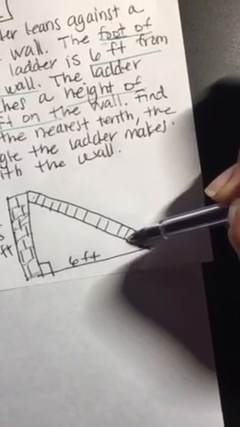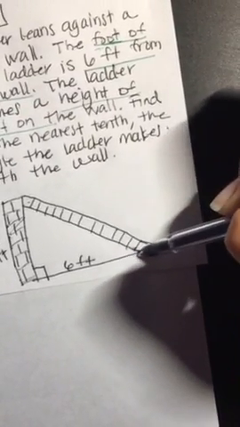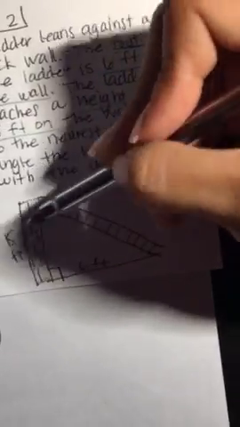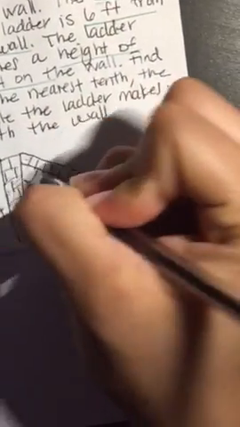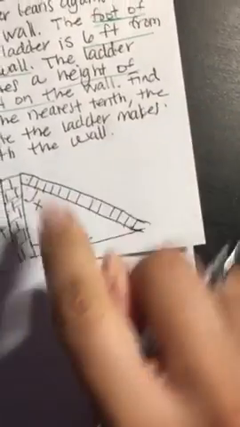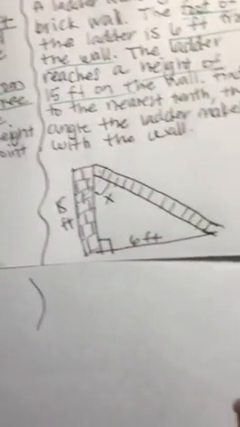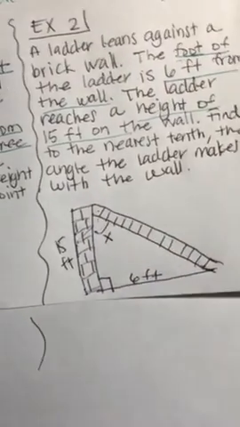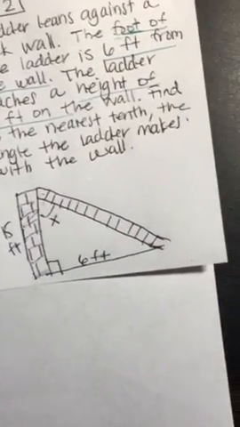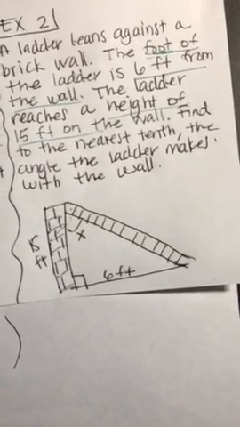This is the angle that the ladder makes with the ground. This here is the angle that the ladder makes with the wall. So they want you to find this angle right here. You guys already know how to do that. Again, I want us to focus on actually drawing the pictures with these. So this is what this problem would look like.